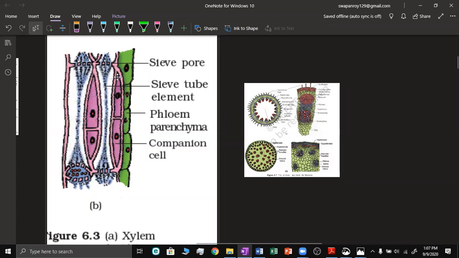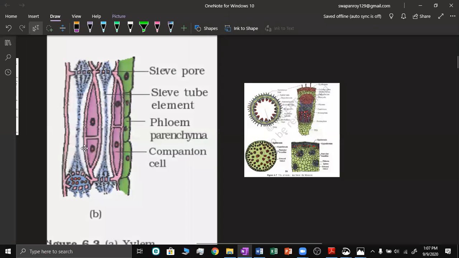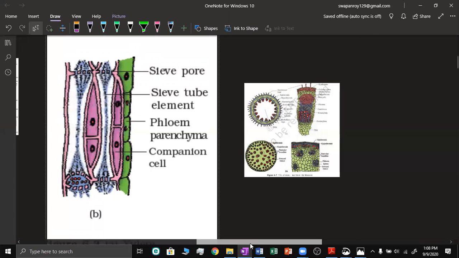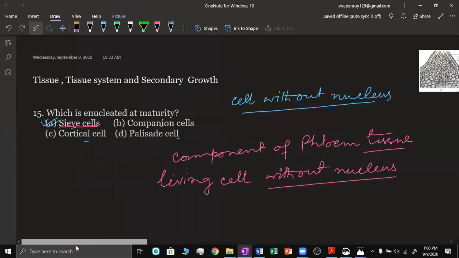Companion cells have a prominent nucleus, but the sieve cells which make the sieve tube don't have a nucleus when they are mature. The phloem parenchyma also has a prominent nucleus. So it is the sieve cells of phloem that don't have a nucleus.